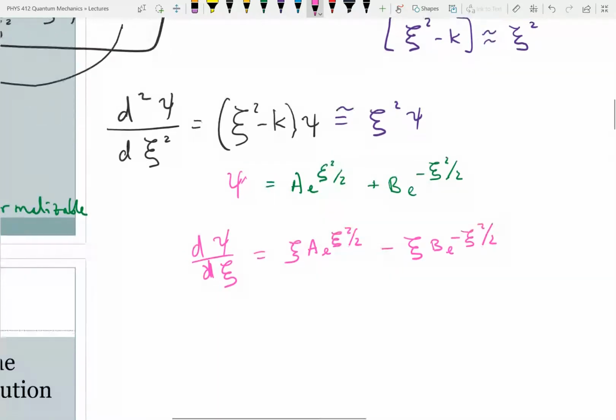So there's the first derivative. Second derivative then is going to be, got to use the product rule. My son's taking Calc 1 right now, so I've been practicing the product rule.